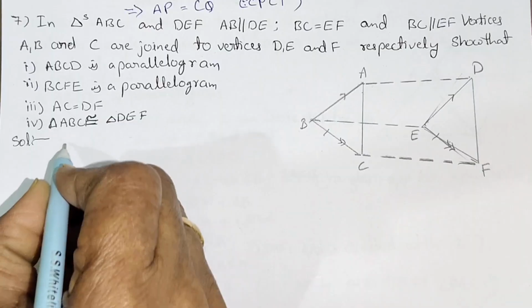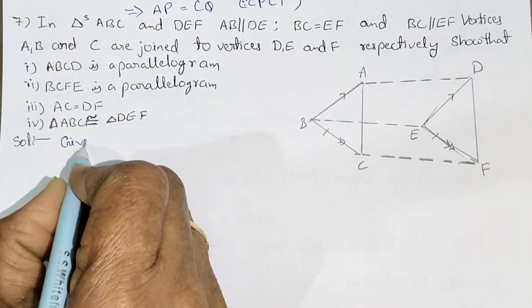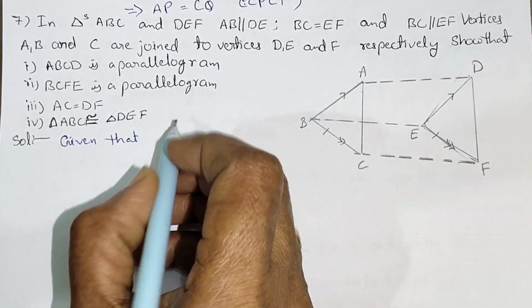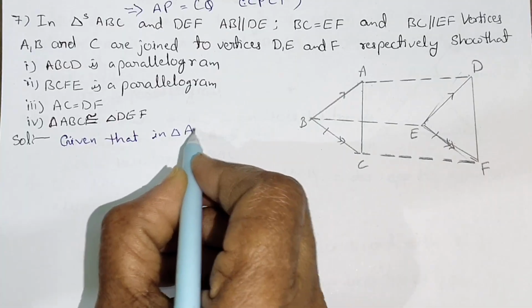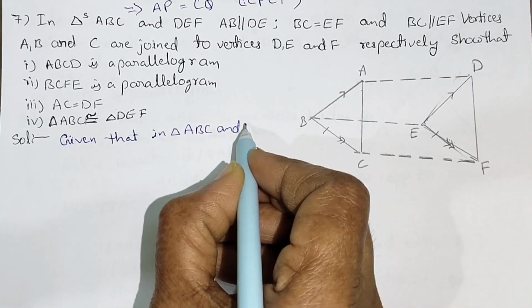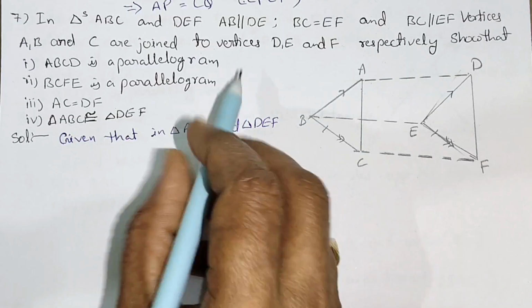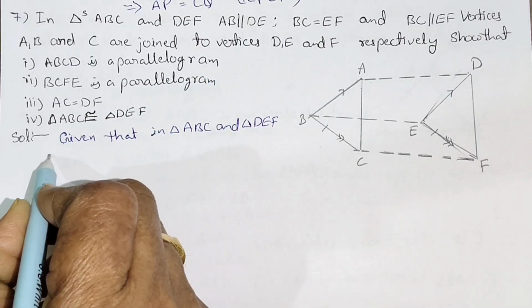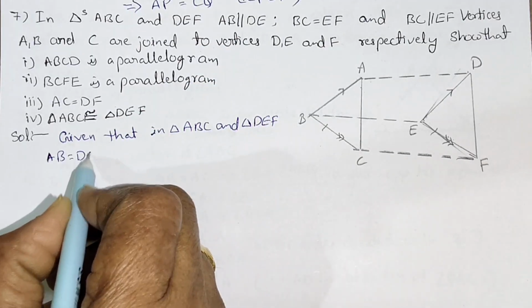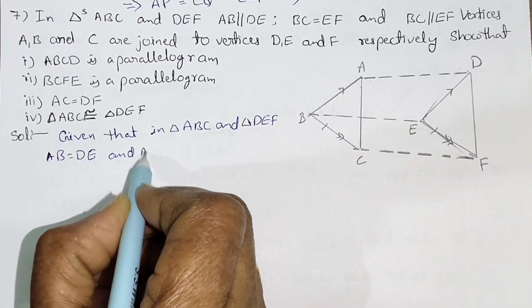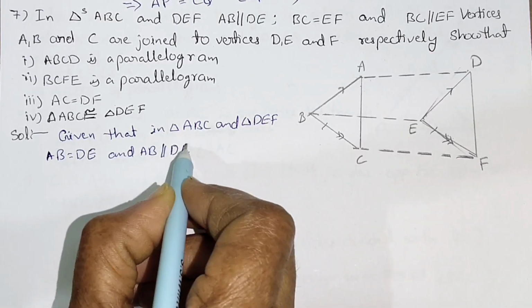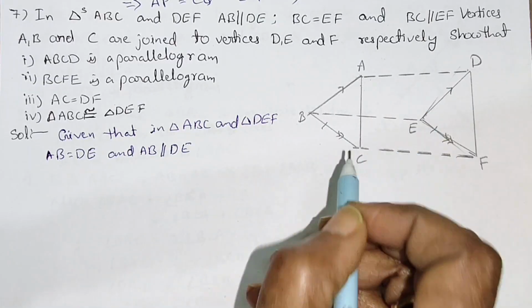Here first we write the given data. Given that in triangle ABC and triangle DEF, AB is parallel to DE, AB equal to DE.